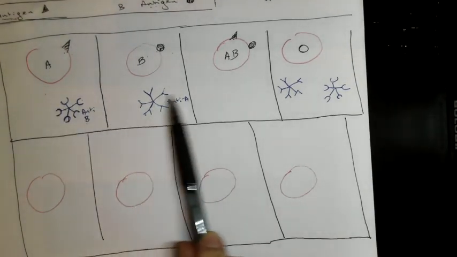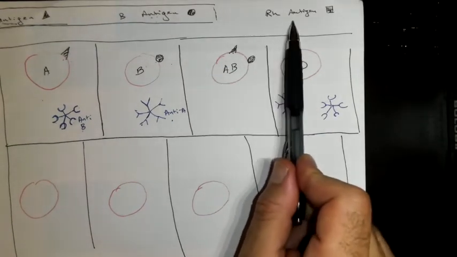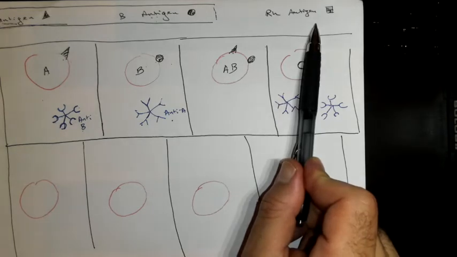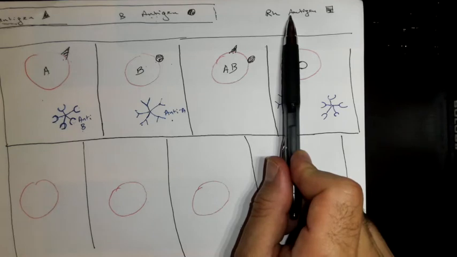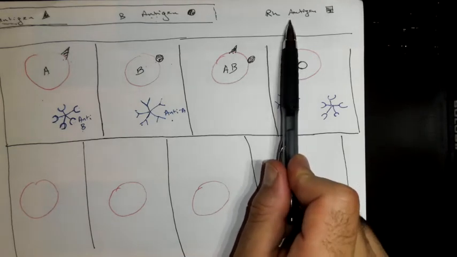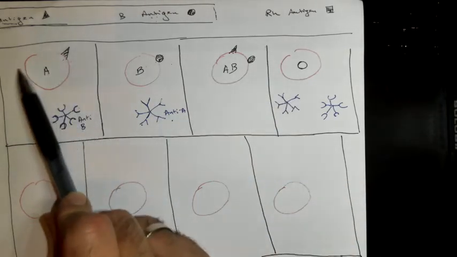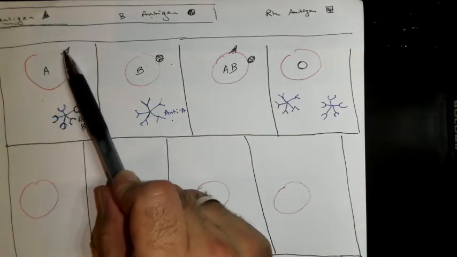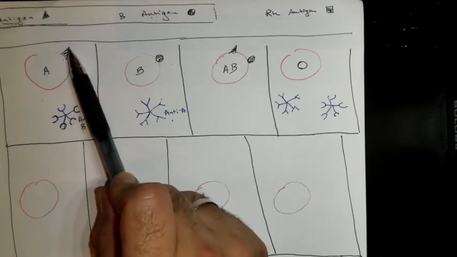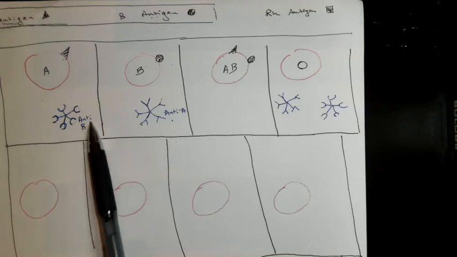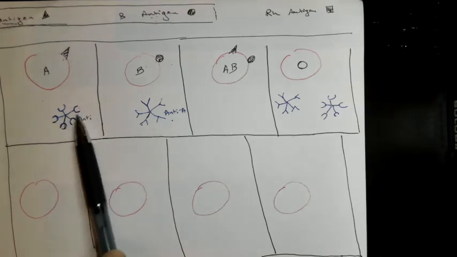So once you've understood this basic idea, the next thing is to now introduce the Rh antigen. And this is a little bit different, and it's a little bit tricky. So you will have to think about this differently. And the reason why is because if you take this individual that's born with the A antigen sticking out of its RBC, this individual is also born with this ability to produce the anti-B antibody.